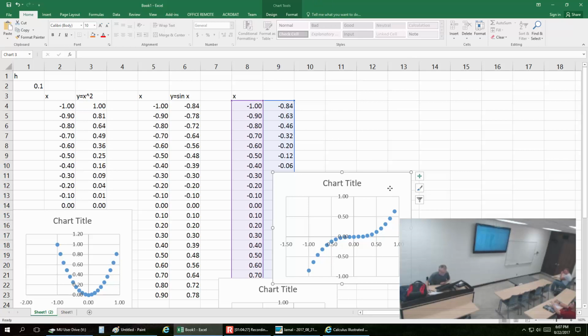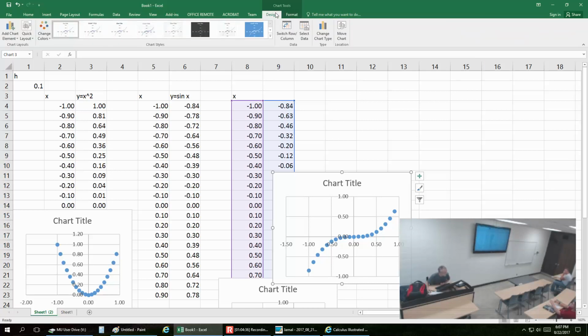So if I take this, there is somewhere... Switch row column. Oh, no, I don't think so. Okay, so I was just wrong. Not switch row and column, switch columns. Okay, so that's not it, unfortunately.